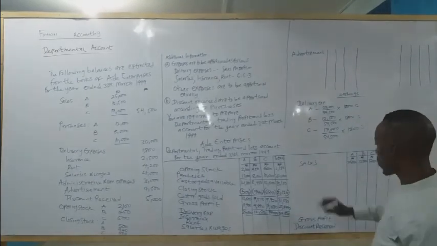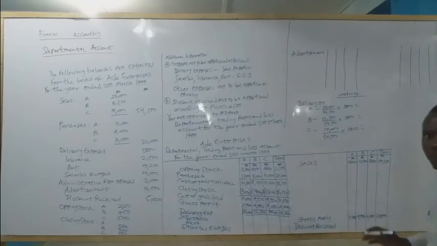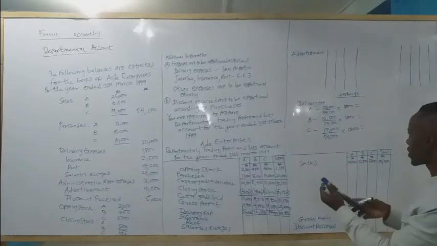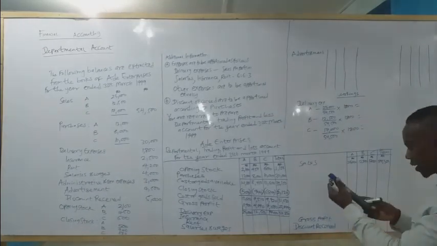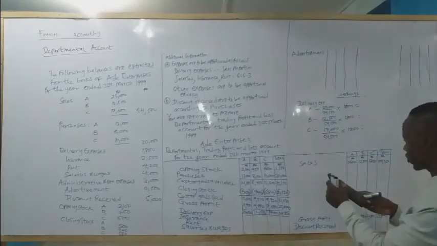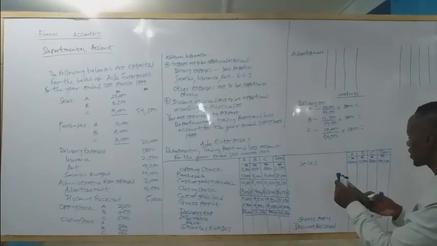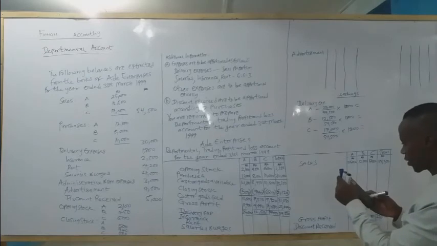That's how we get our apportionment. So what we do now, 25,000 over 54,500 times 1,800. So we have 250 divided by 545 times 1,800.